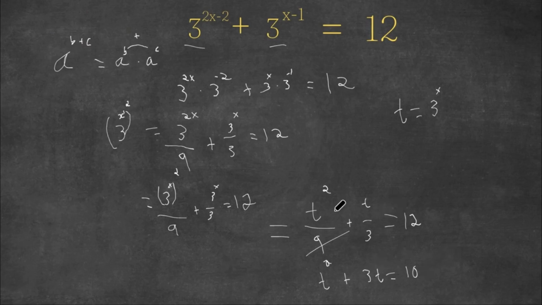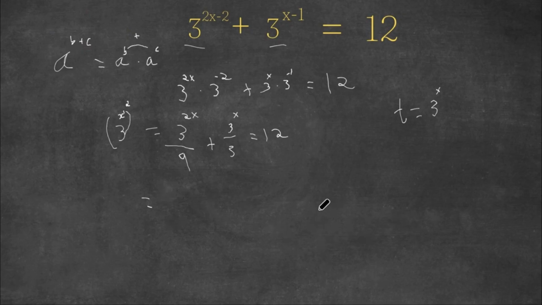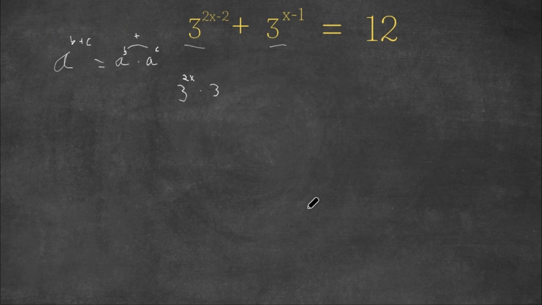So this would give us t squared plus 3t equals 108. And now we're going to subtract 108 on both sides.